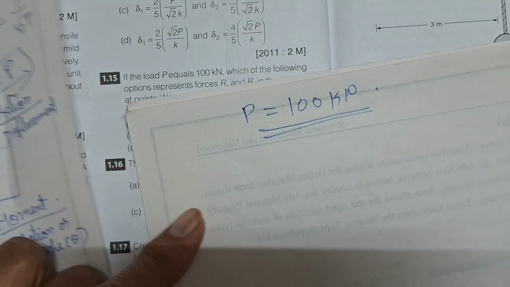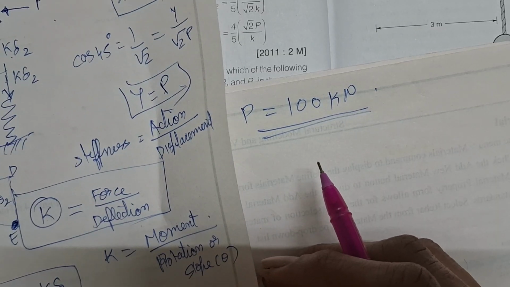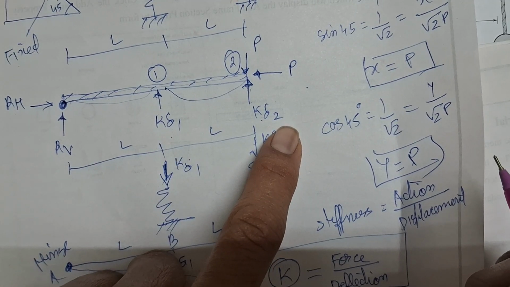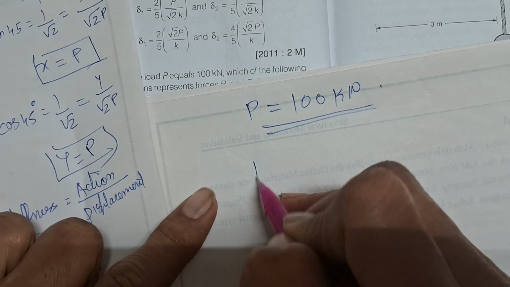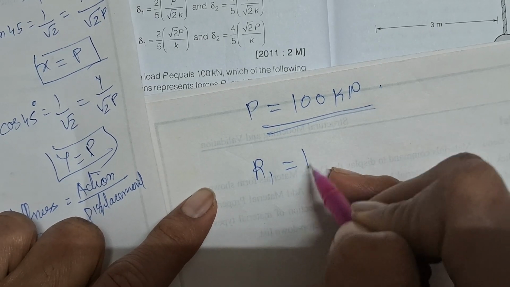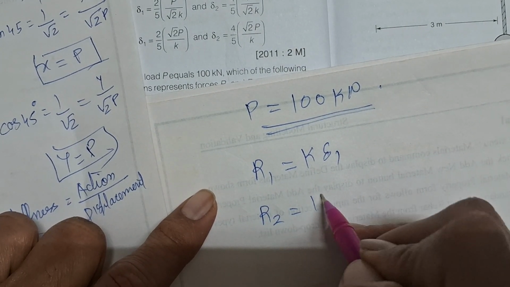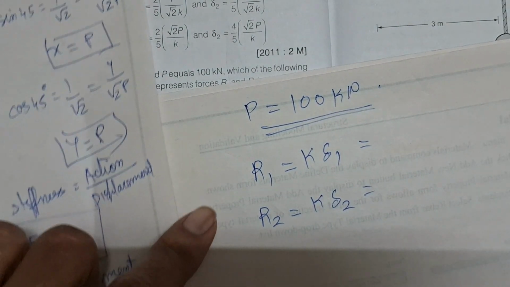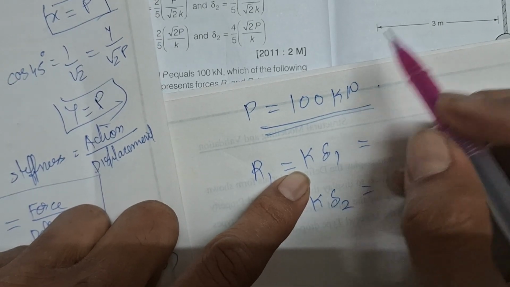And what was our reaction? Our reaction was K delta 1 and K delta 2. So R1, I am writing here, R1 is equal to K delta 1 and R2 is equal to K delta 2. Now we are supposed to find the values of R1 and R2.